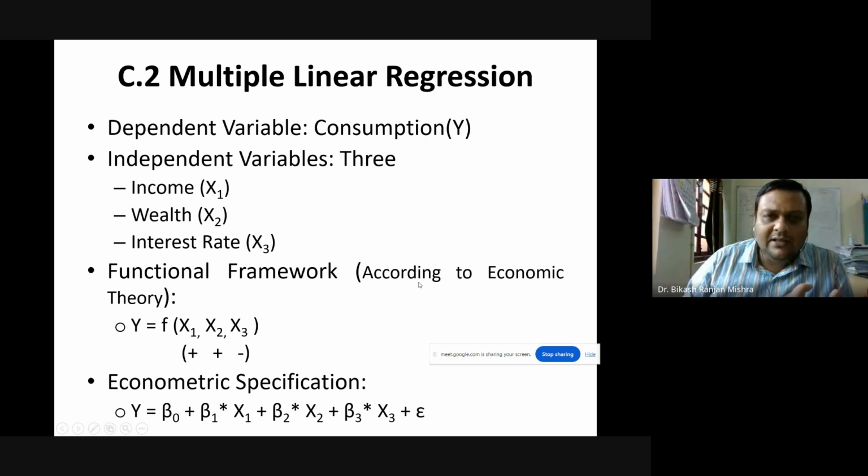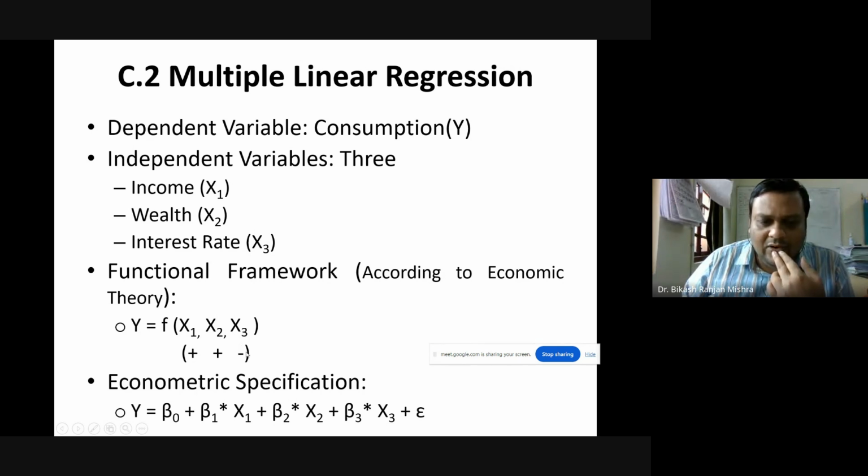Currently we are taking the economic theory behind it, because we know that if the variables are consumption, income, wealth, and interest rate, then consumption may be a function of income, wealth, and interest rate. The functional framework is that y is consumption, and y depends on x1, which is income, x2, which is wealth, and x3, which is the interest rate.